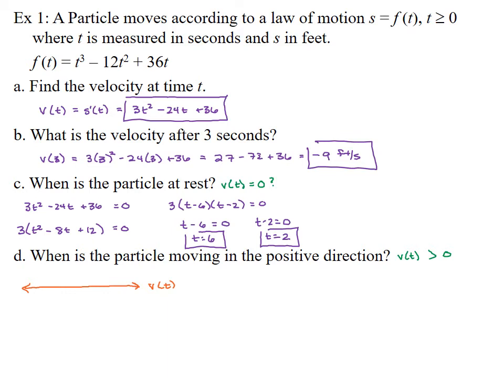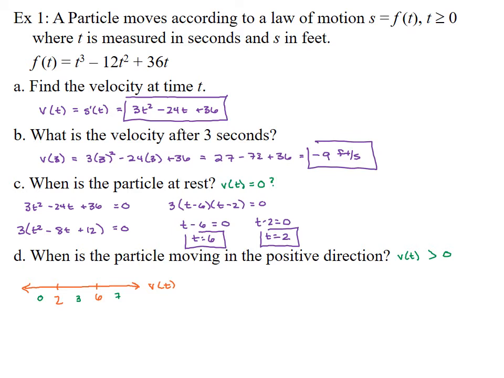Since I care about where it's positive, I know it can't be positive where it's 0. So the 2 and the 6 that you found in the last part of the problem, I'm going to mark on my number line. Then I'm going to cleverly pick a few numbers that fall in between them. Something less than 2 is 0, something between 2 and 6, I just picked 3, and anything bigger than 6, I picked 7. Plug these into your velocity function.